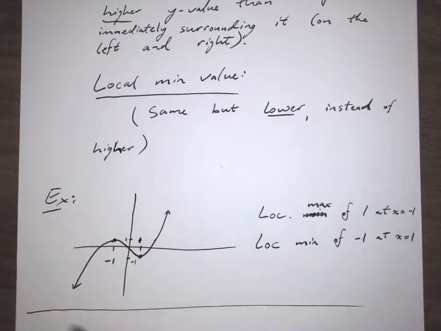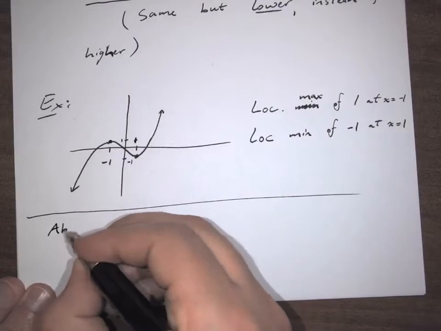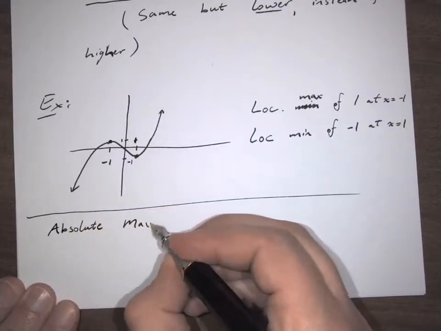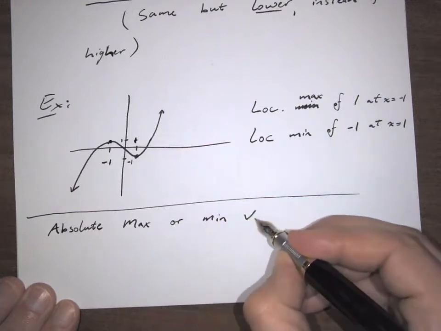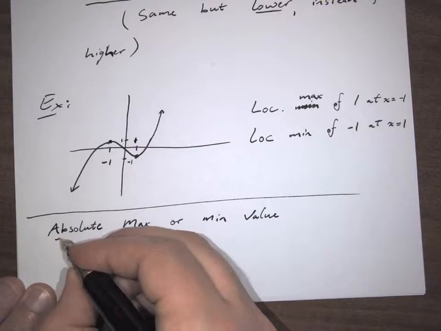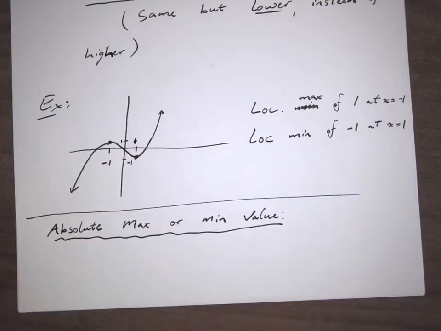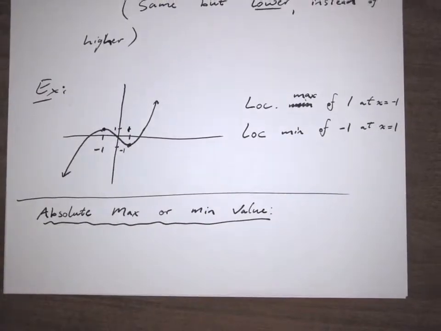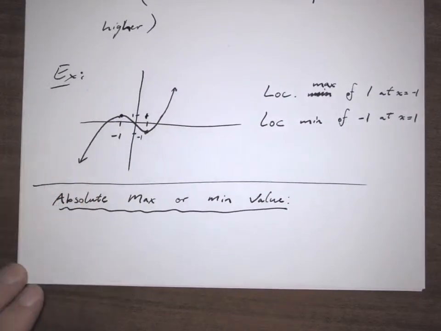Now then, there is finally the absolute max or min value, and this is without regard to the immediate surroundings, but with regard to the entire domain of the function. This is the absolute highest point if it exists, and the absolute lowest point if it exists.